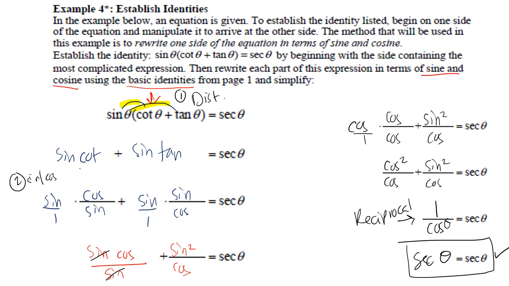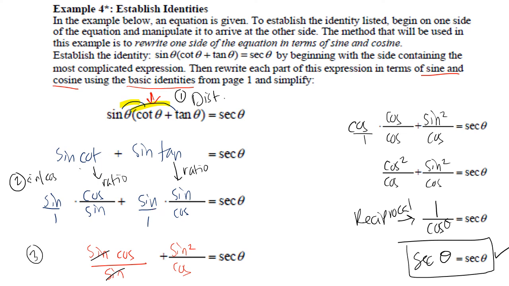So cotangent became cosine over sine, which is a ratio. Tan became sine over cosine, which is the other ratio identity. Okay, then we multiply, so we simplify and eliminate. There's a sine in the numerator and a sine in the denominator, so sine got canceled. Sine times sine made sine squared, and we were left with cosine. So that was step 3.